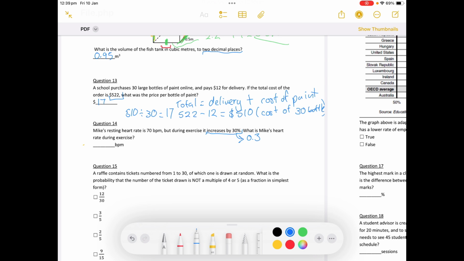His original heart rate, 70 beats per minute, is 100%, which as a decimal is 1. So the shortcut way to do this is 70 beats per minute times 1.3. You have 100% as the 1 plus your 0.3. All right, so put that in a calculator.